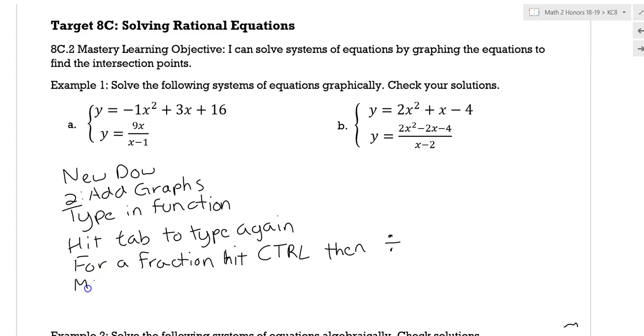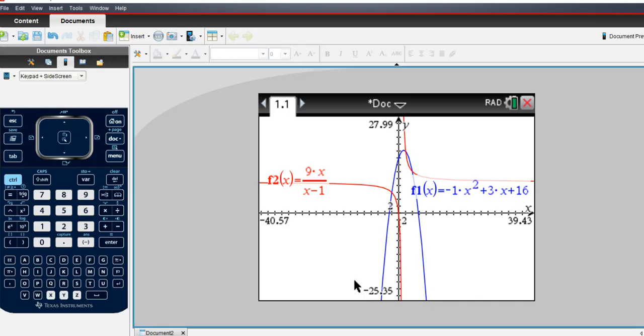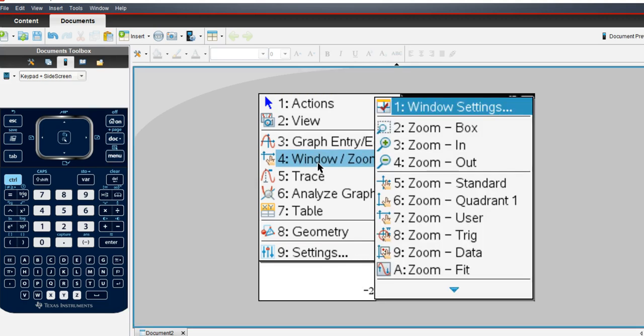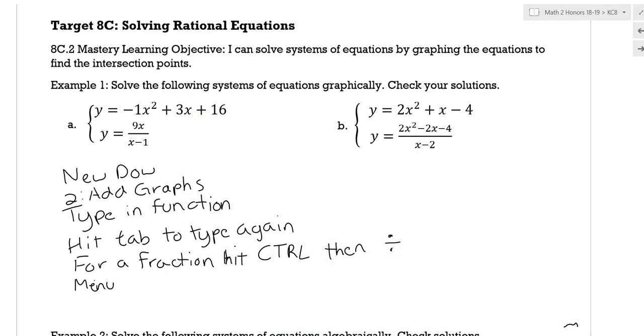So, menu, 4 and 4. And then hit enter a few times.